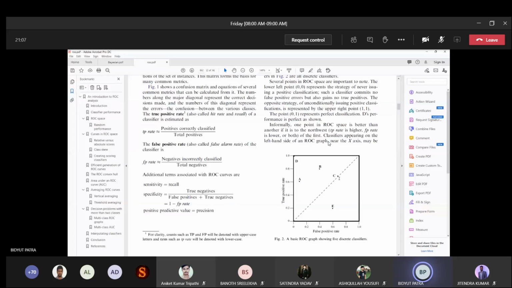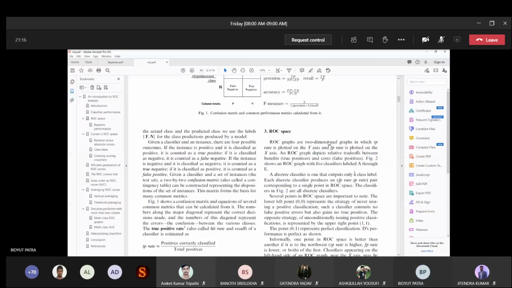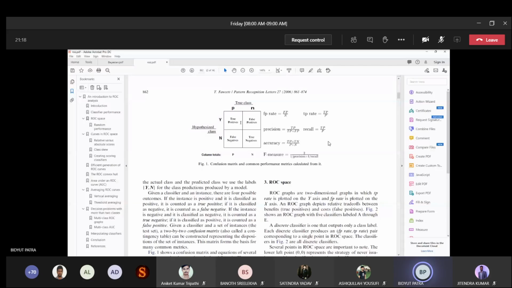Now consider a scenario that is 1, 1. When will it be 1, 1? True positive: all are rightly predicted as positive class, so false negative is 0. And then false positive will be the value of N, when all negative samples are considered as positive class.